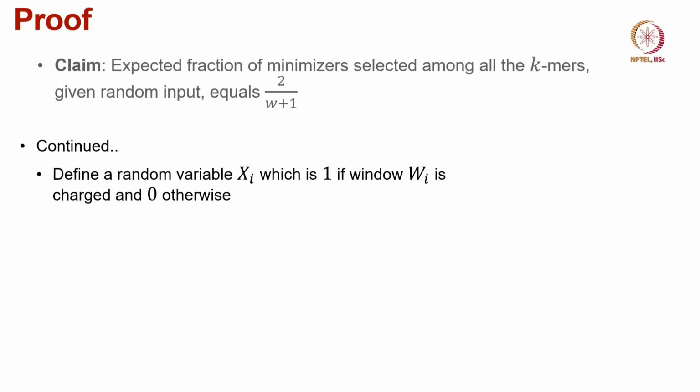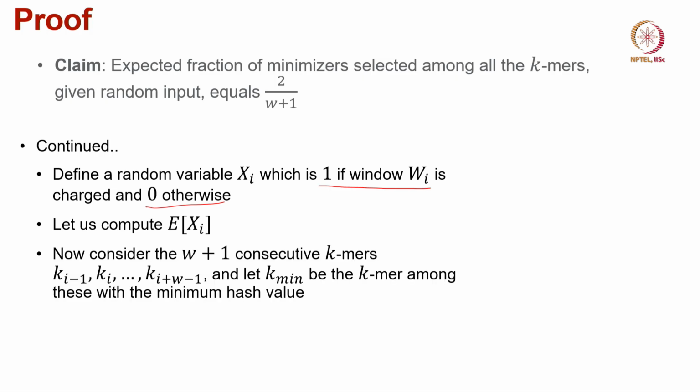Continuing the proof, let me also define a random variable xi, which is 1 if window Wi is charged and 0 otherwise. Let us compute the expected value of xi.